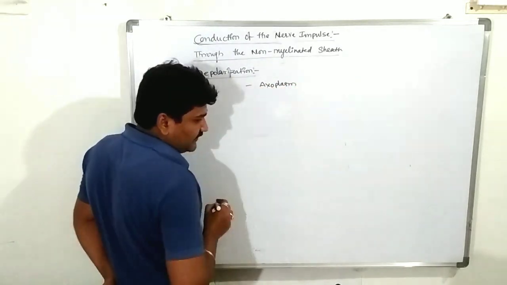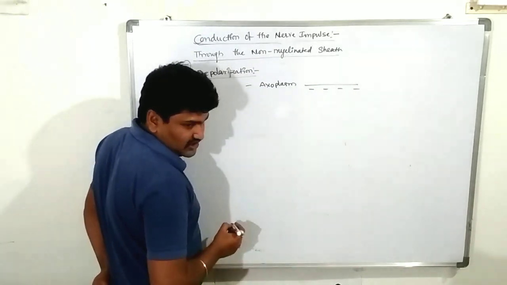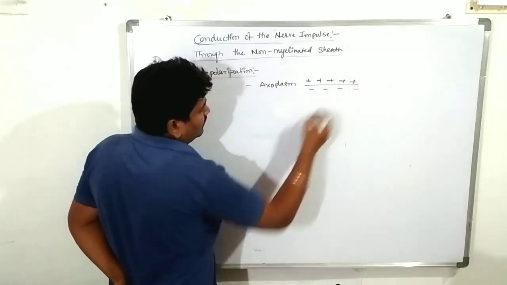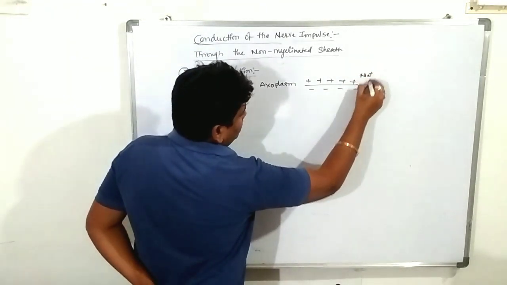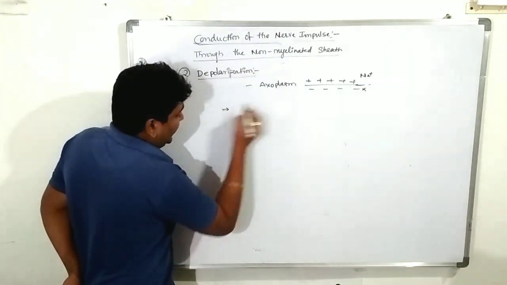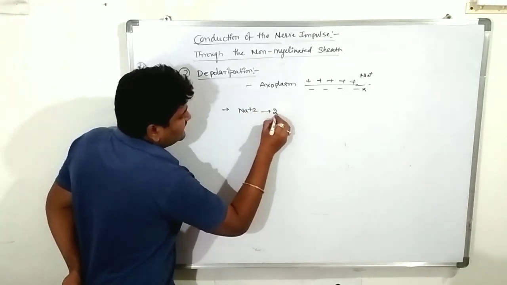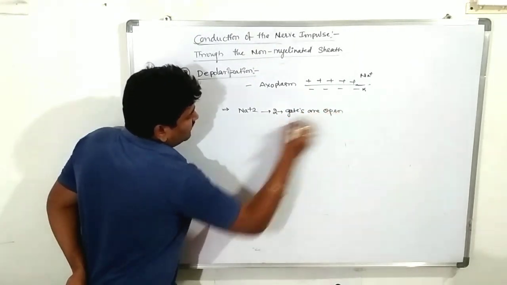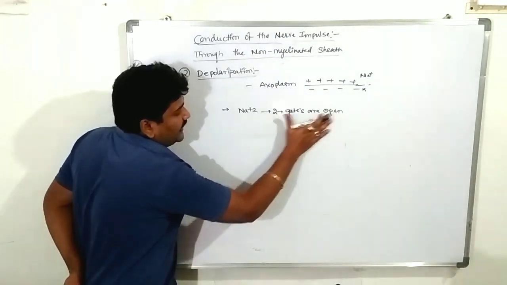The axoplasm consists of sodium ions and potassium ions. The axolemma surface contains sodium ions. Listen carefully. In this depolarization state, the two sodium gates become open.